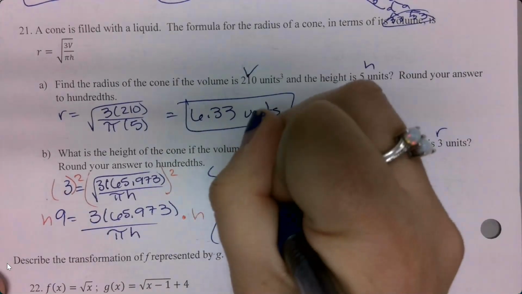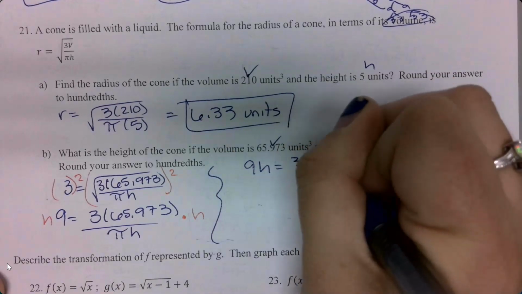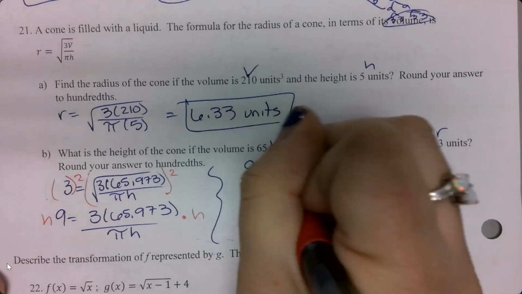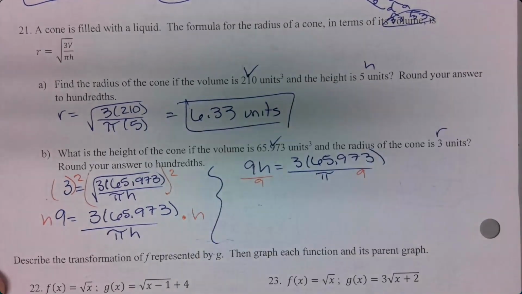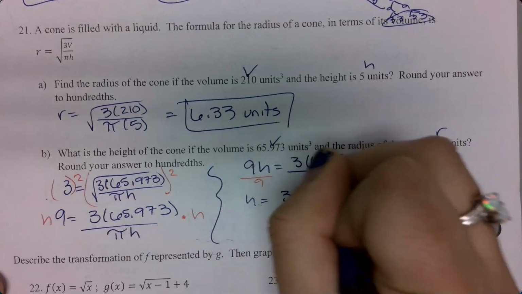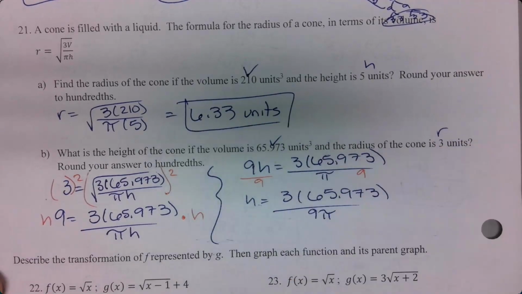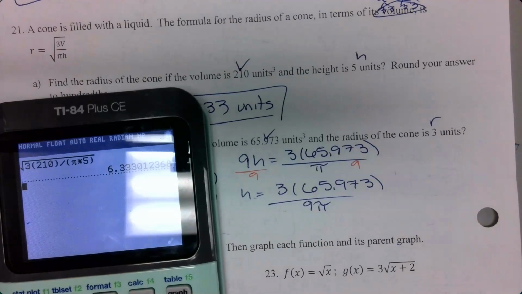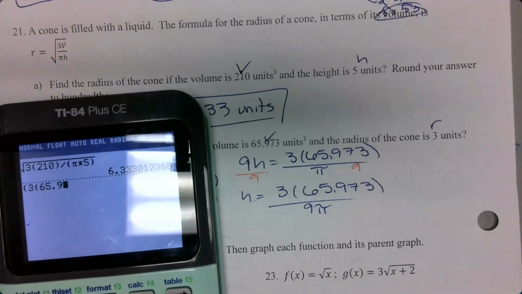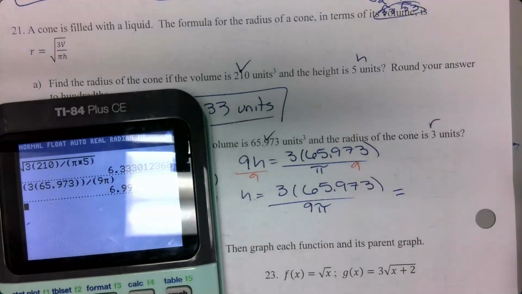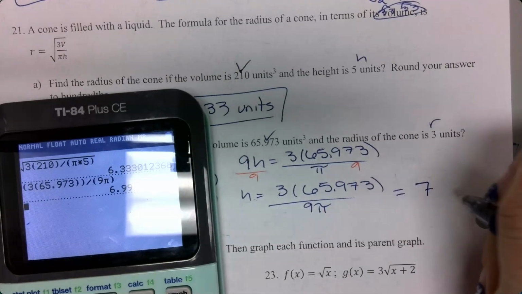That gets me 9h equals 3 times the 65.973 over pi. I want to get h alone, so I'm going to divide both sides by 9. That gets me h equals 3 times the 65.973 over 9 pi. And then I just type this into the calculator. So 3 times 65.973 divided by 9 pi gets me 6.99 repeating. So that's going to actually round up to 7 for my height.